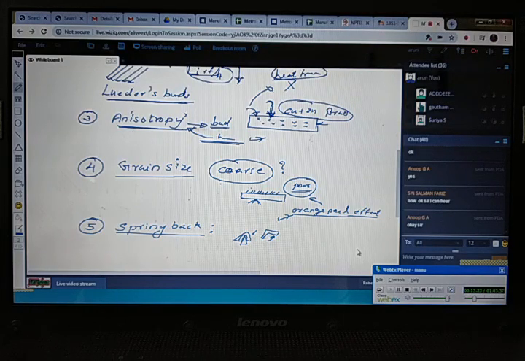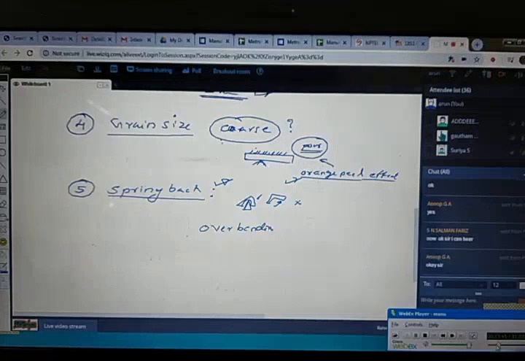So that can be overcome by means of certain processes. Okay, we reduce this spring back by means of two main processes, overbending and a process called bottoming. Okay, what is overbending? If we change the bend angle, instead of 90 degrees I am going to give it as 85, that is, it is decreasing.